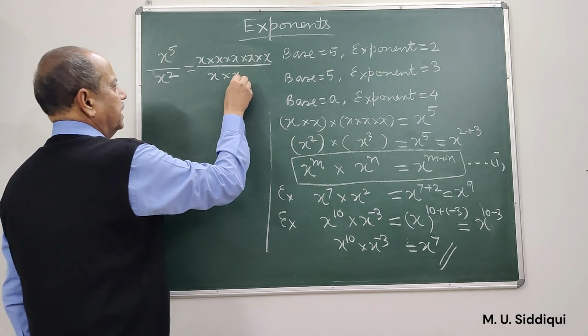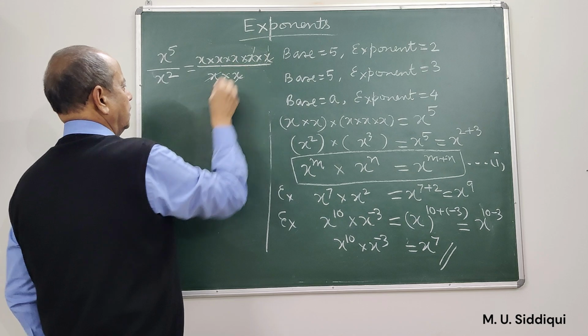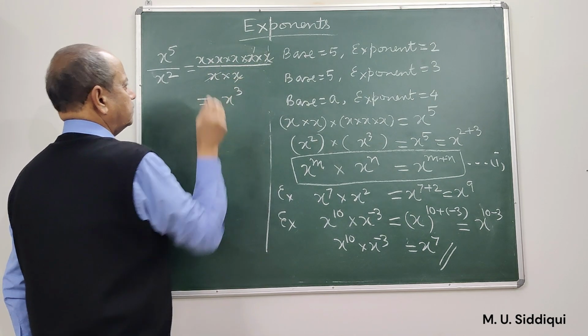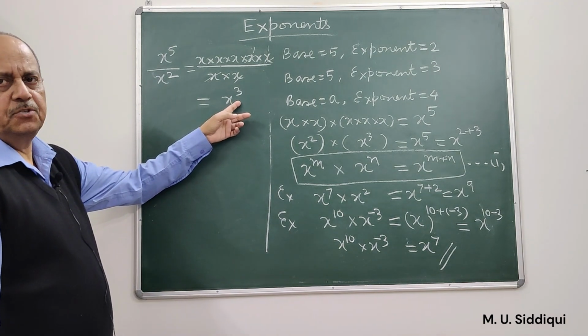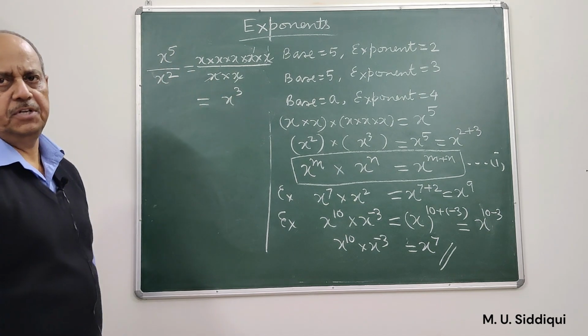You know that some cancellation will take place, x cancels, and you will get x to power 3. How does that 3 come? This is actually 5 minus 2, which is 3.